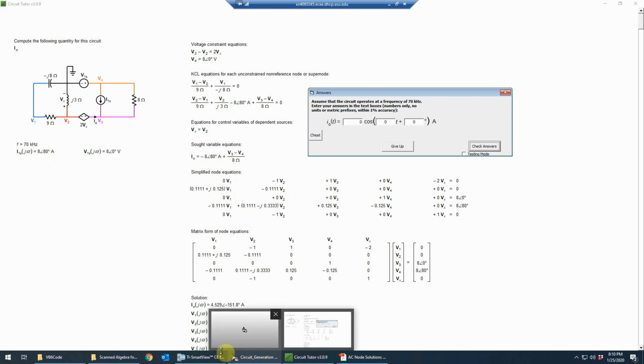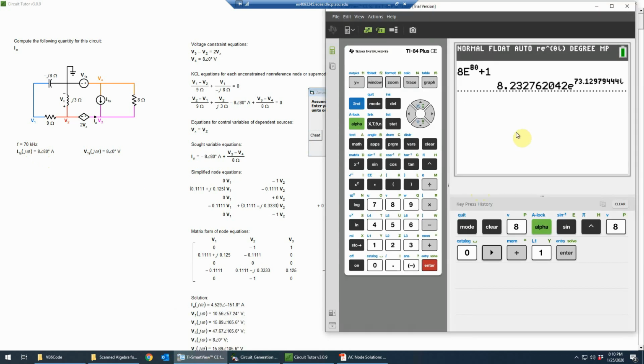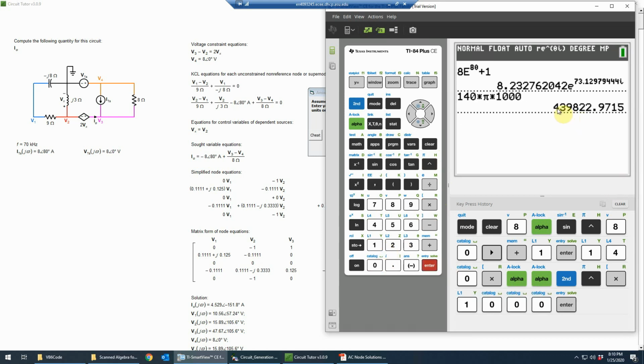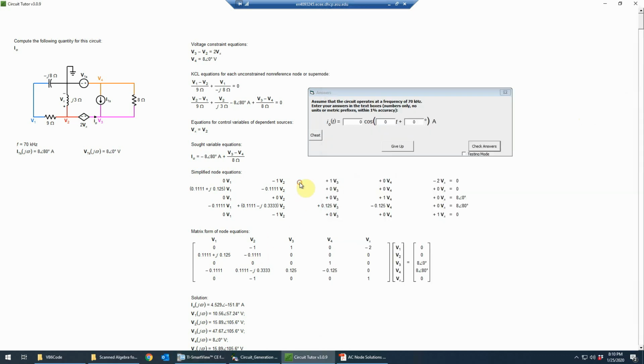So we'll just use the calculator to compute that. So 140 times pi, I'm sorry, not alpha, but second pi, times 1,000 for the kilohertz. So that is, I'll call it 439800 is enough. We don't need all those digits. And this does not accept metric prefixes in this text box, so don't try to put kilo or something like that in there.